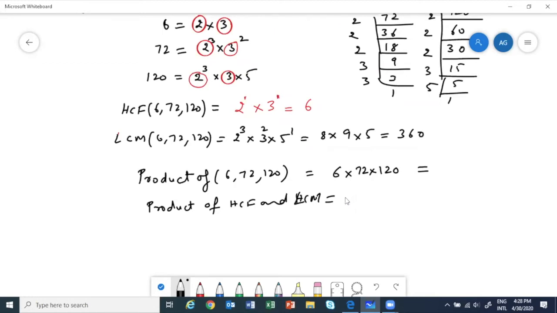Okay. And this will be 6 into 360. Get the answer. So if you will solve it, just try to solve and give me the answer. This is 2100.